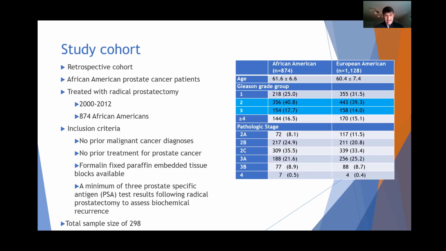These patients had to have formalin-fixed paraffin-embedded tissue blocks available from our biorepository, and they had to have a minimum of 3 PSA test results following their radical prostatectomy to assess biochemical recurrence. And so our total sample size at the end of all of that was 298 individuals.